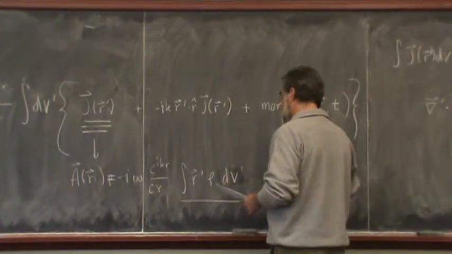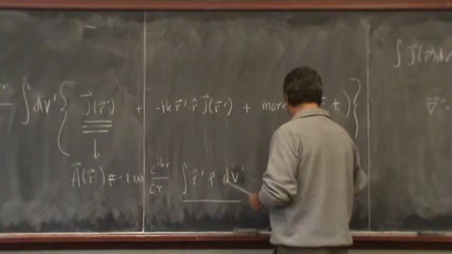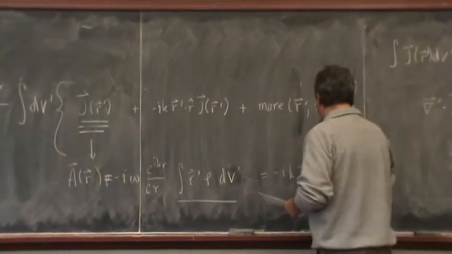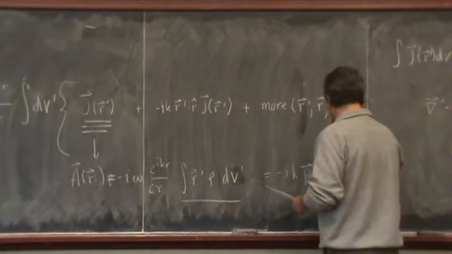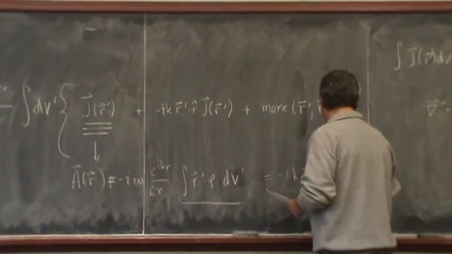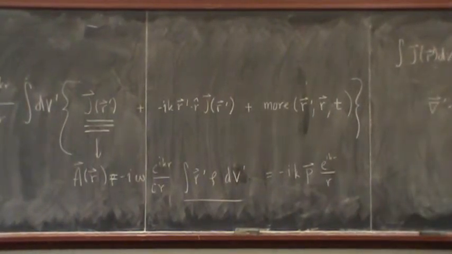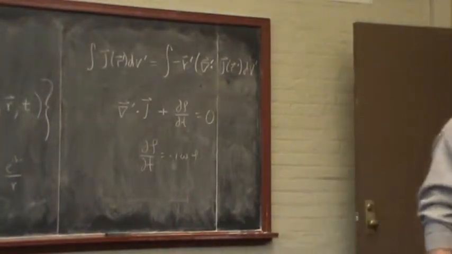So minus i k, dipole moment e to the i k r over r for an oscillating charge. That's just the first term in the expansion. Okay.